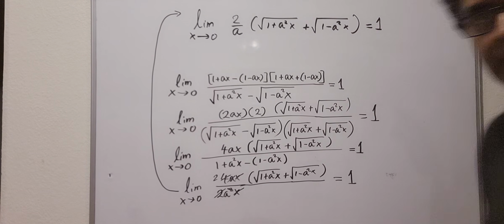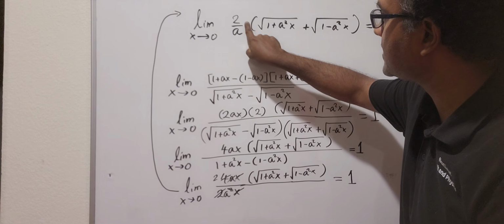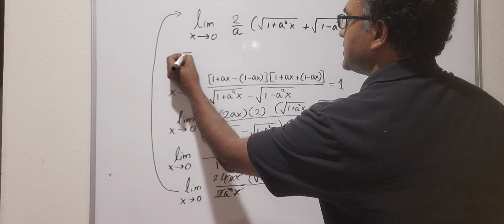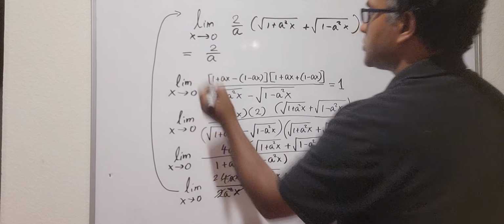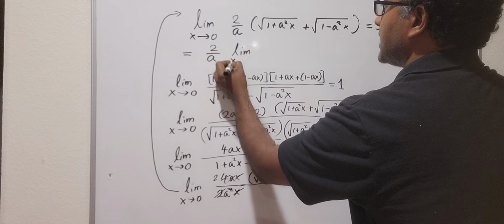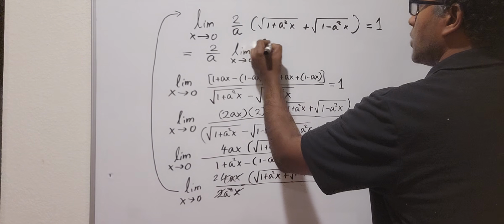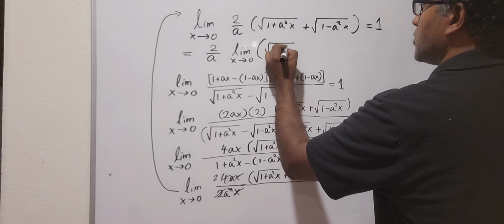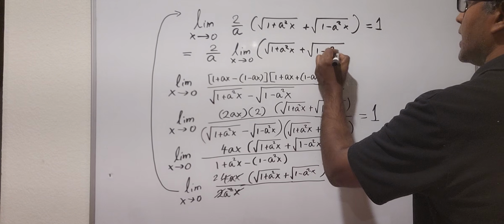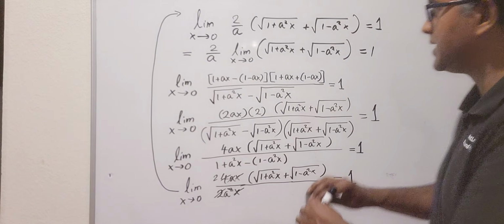Now can you see this is a constant, so I can take this term outside the limit. So that's what I'm going to do next. 2 over a goes out of the limit, and then I'm going to apply the limit as x goes to 0 to this expression: square root 1 plus a squared x plus square root 1 minus a squared x equals 1.